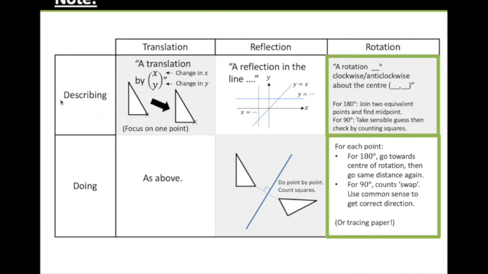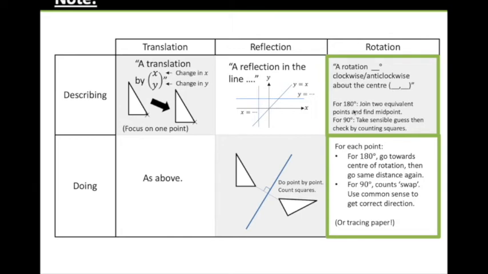Okay, so just now we did describing a rotation, and again, your answer should be in this form. It should be a rotation of what angle, how many degrees, and whether the direction is clockwise or anti-clockwise, and you mention the center of rotation.